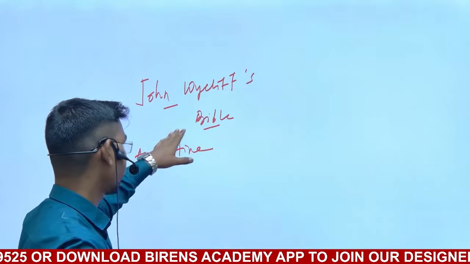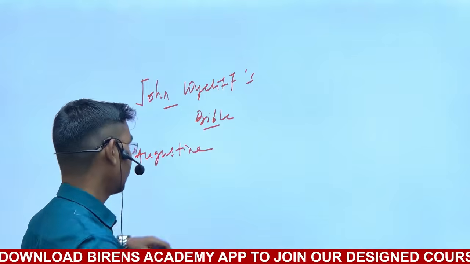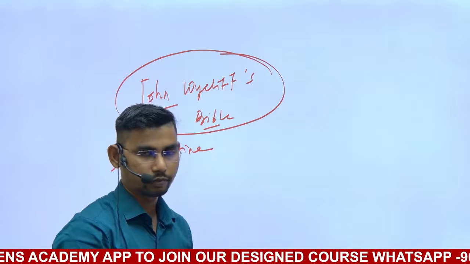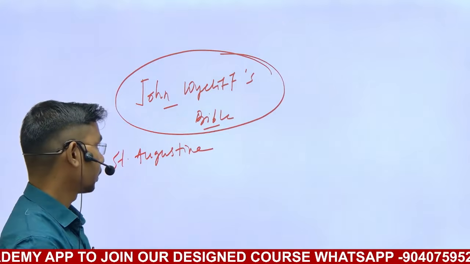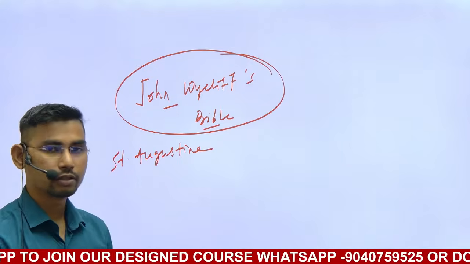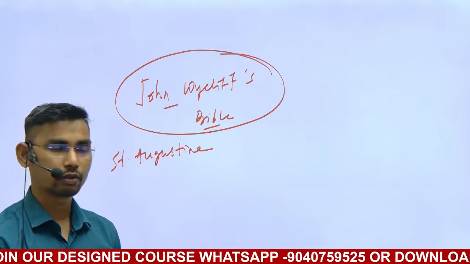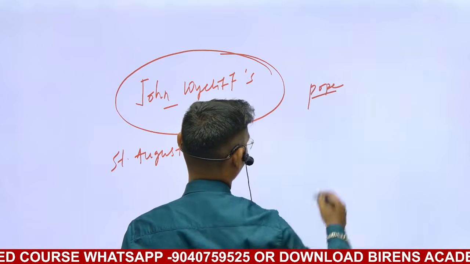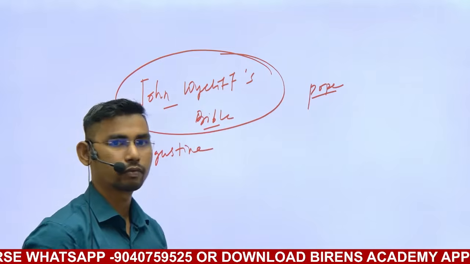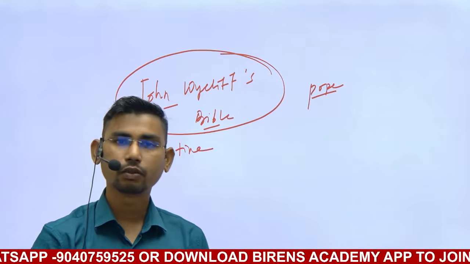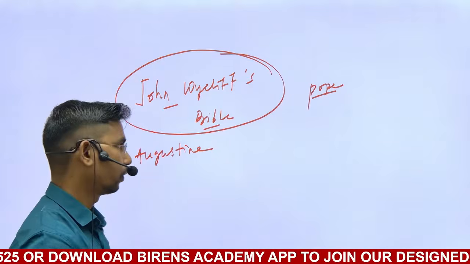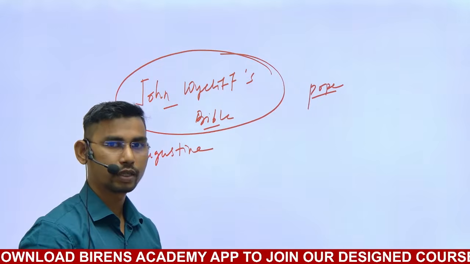John Wycliffe's Bible is very important in the Anglo-Norman period because earlier the Roman Catholic Church had a Pope, the head of the church, and whatever he said, people had to follow, be it good or bad.